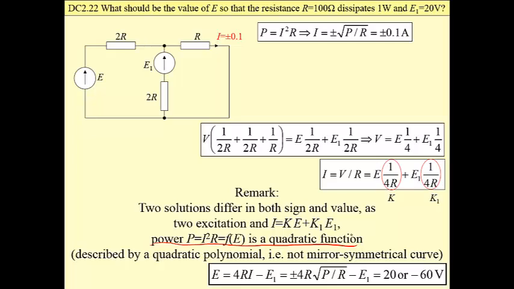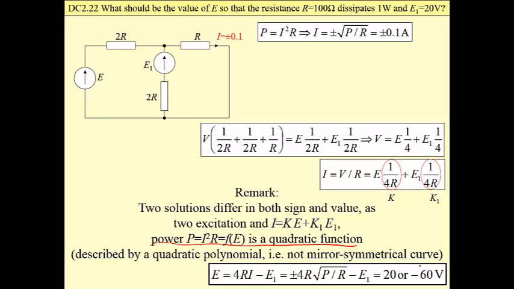The parabola that we had before is a mirror symmetrical curve. Now we don't have such a curve, and for that reason we have two solutions, but they differ in more than sign.